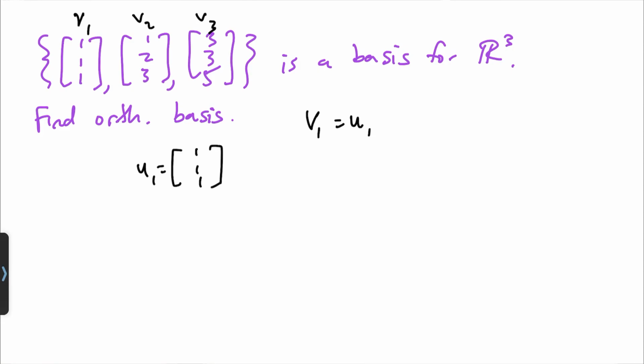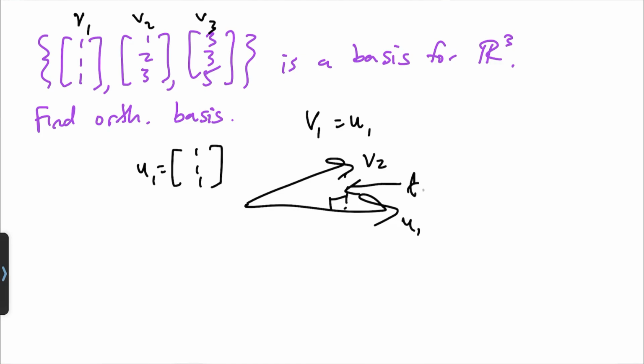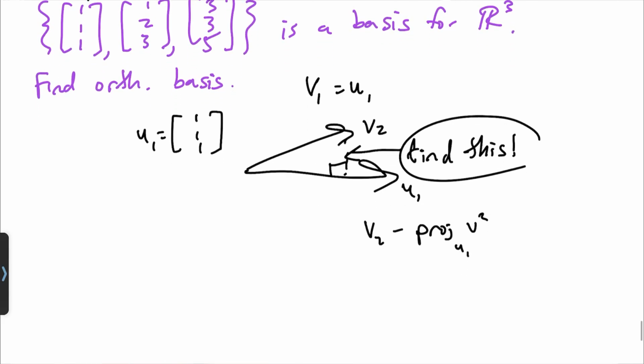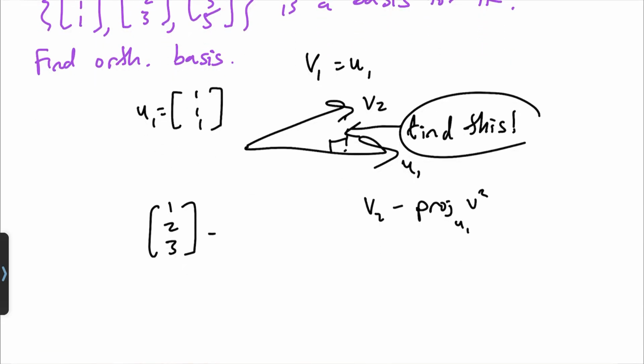Now we want to find u2, and we can do that by projecting v2 onto u1. Once again, drawing out this image here. And we want to find this. Now, I'm just going to rewrite this to save time. Remember that what we're finding is going to be v2 minus the projection of v2 onto u1. So instead of having some adding thing and then subtracting, I'm just going to go straight and use this type of formula here. So we have 1, 2, 3 from our v2 up there minus the projection.